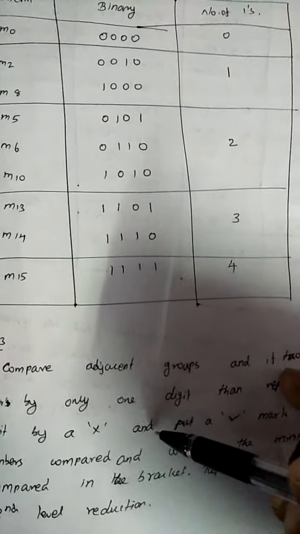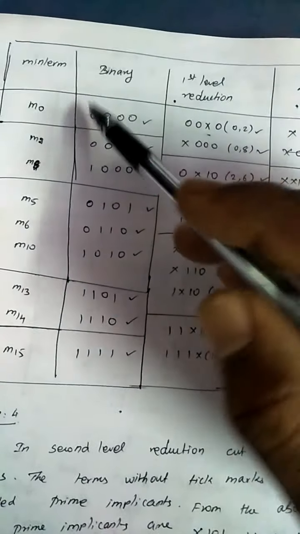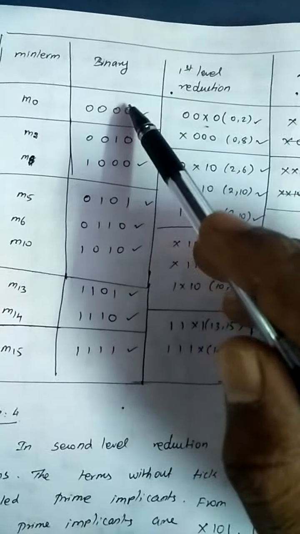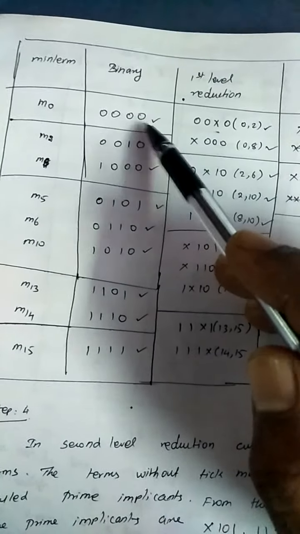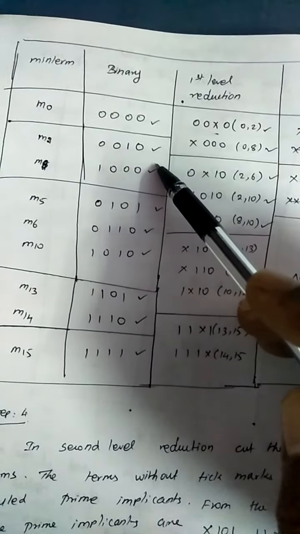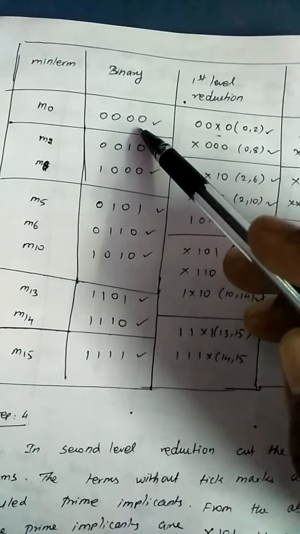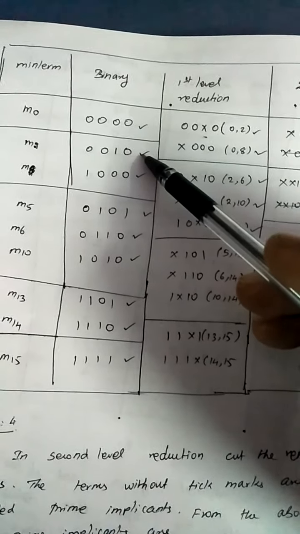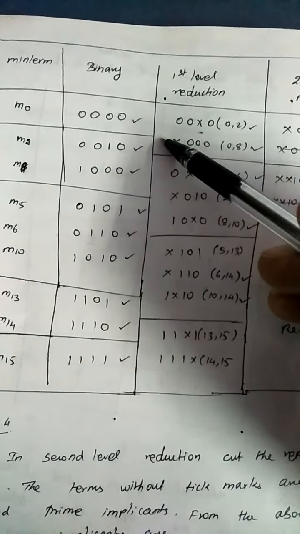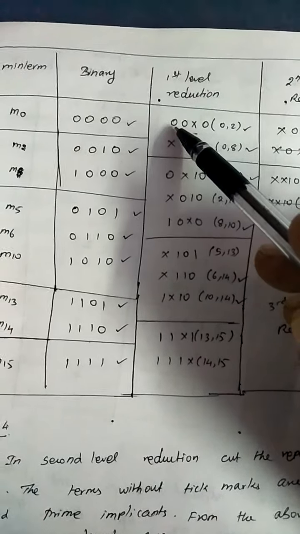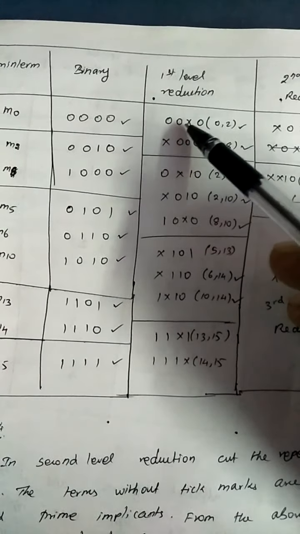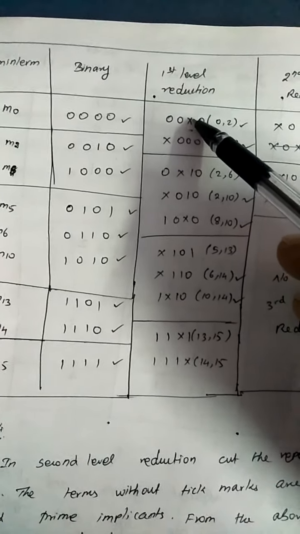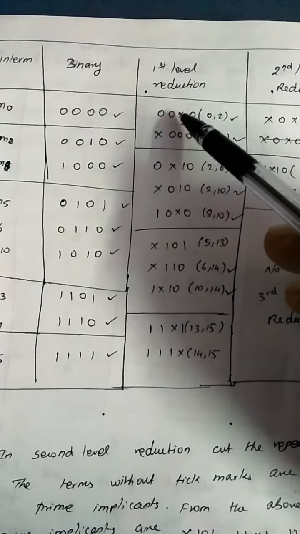In step 3, the procedure is we need to compare the adjacent groups. For example, m0 is 0000 and m2 is 0010. Now we compare 0000 with 0010. If they differ by only 1 bit, then we put a tick mark and write the compared value here, putting an x mark in the changing position.